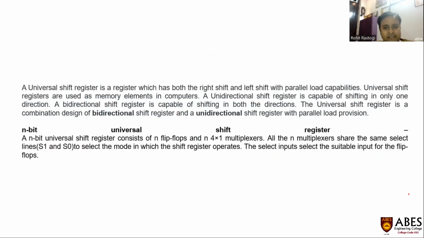So here a shift register is basically a bidirectional circuit where we can shift both left and right. To enhance the capability, we can load the data as well as add additional facilities by a multiplexer. We know that a multiplexer is a circuit where 4 possible inputs are there and 1 output, and there are 2 selection lines.